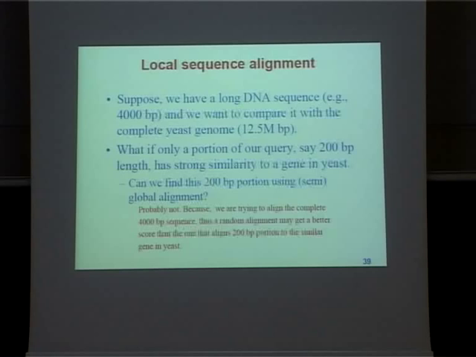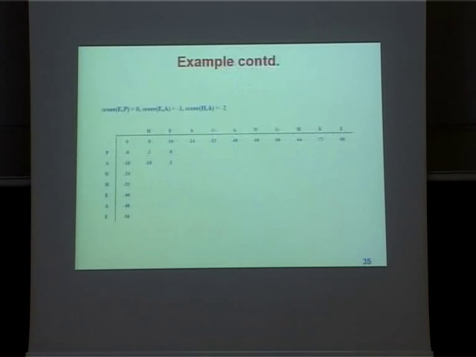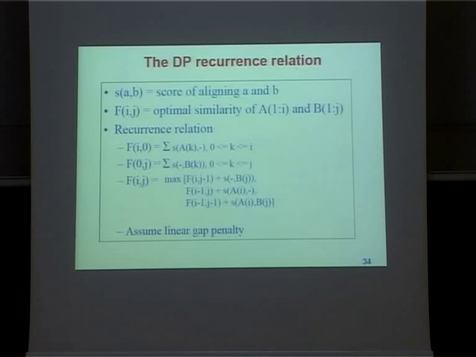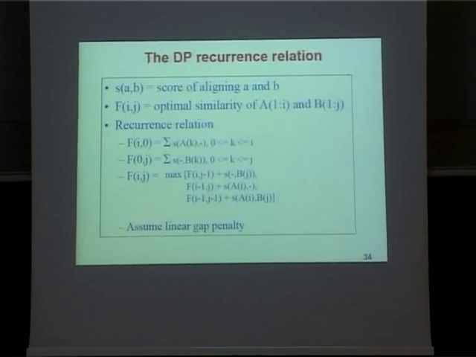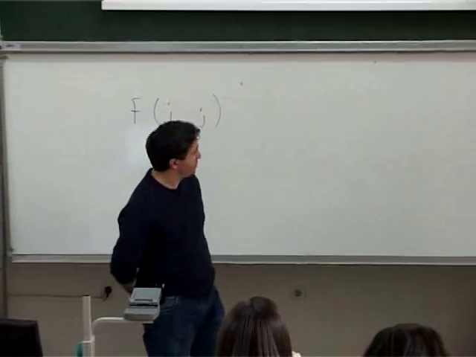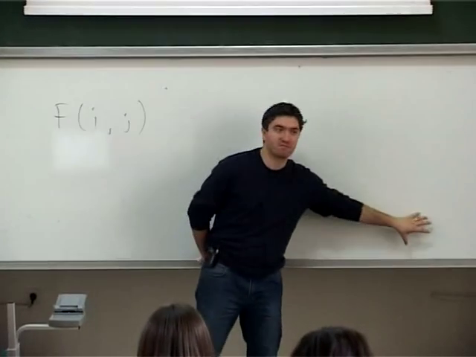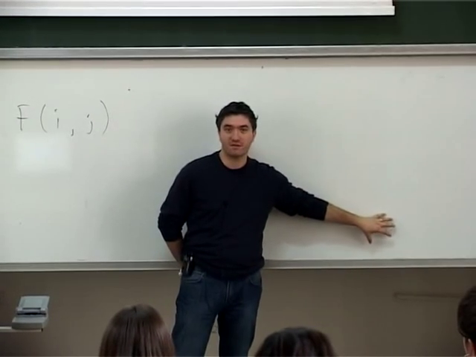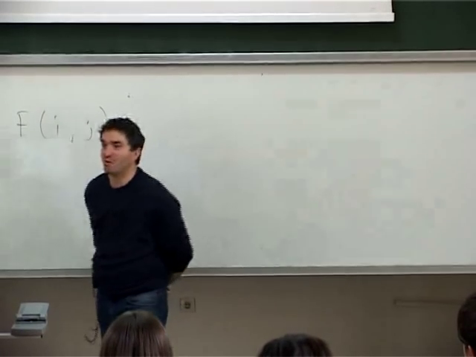Now, but is this modification enough? Having 0. What about the final optimal score? Is it going to be at the bottom rightmost entry? So what is the optimal score of the alignment?